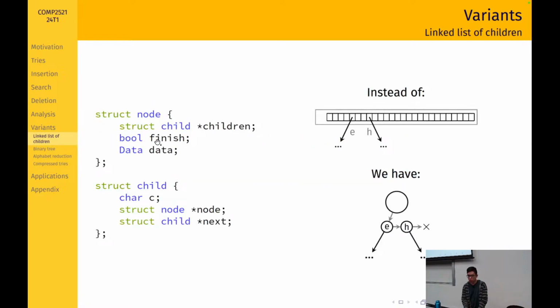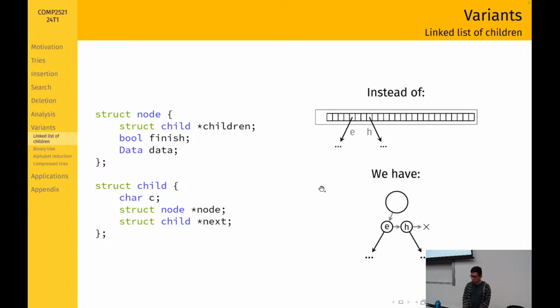In our node struct, instead of an array of children, we're going to have a pointer to the first node of a linked list, where each of these nodes contains a character, a pointer to the next node, and a pointer to the trie node. So instead of an array with pointers at the indices corresponding to E and H, we have a node that contains a pointer to a linked list containing E and H, where each of these contains a pointer to a trie node.